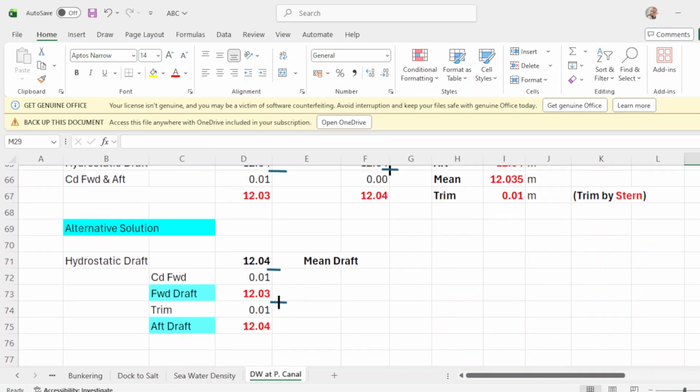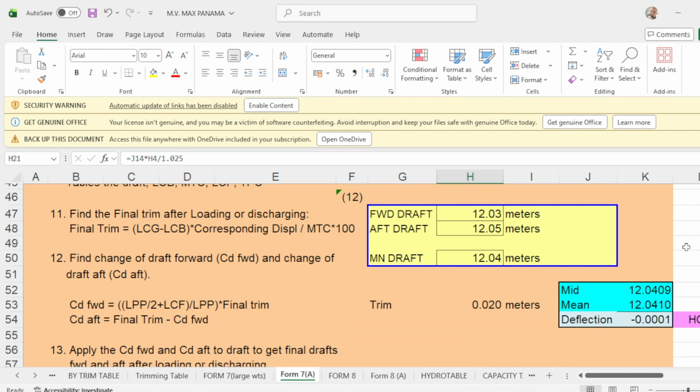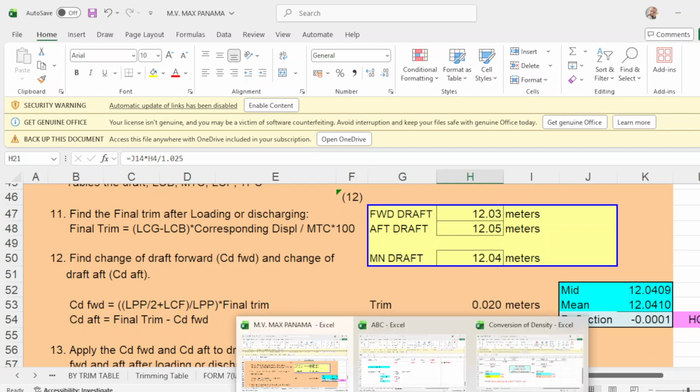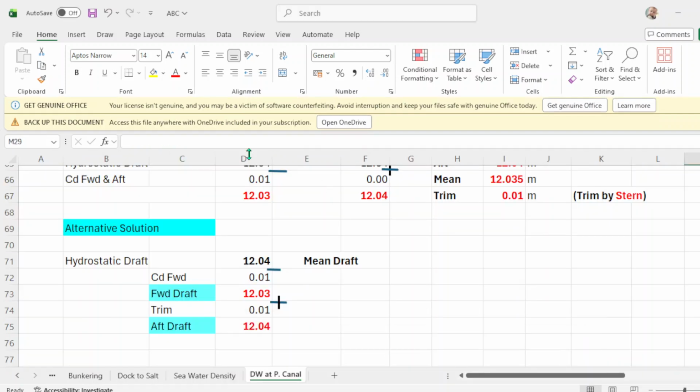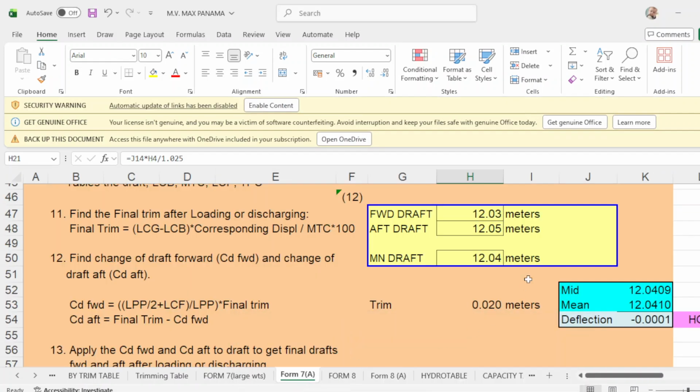So in the program, your forward should be 12.03. Manual computation is 12.03. And up drop manual is 12.04. And the program up is 12.05, and your main drop is 12.04, and your trim is 0.02.